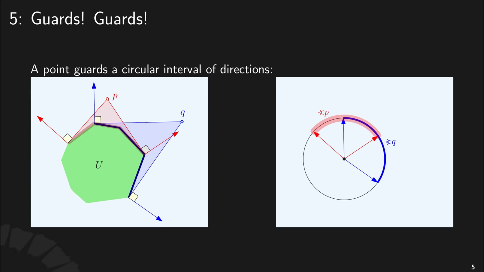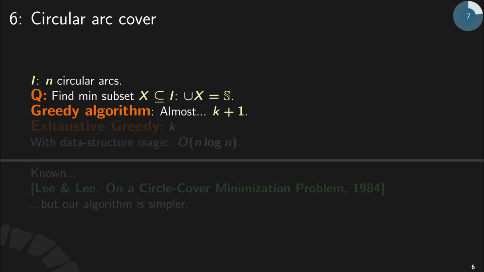So now it's easy to verify that capturing the polygon boils down to the following problem. I give you n arcs covering the circle of directions. Find a minimal subset that covers the whole circle. And the natural algorithm is the greedy algorithm.